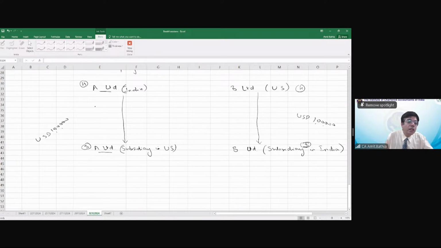Now, let's say for example, today the exchange rate is $1 equal to, say for example, rupees 50 for calculation purpose. So in that case, A Limited has to provide 50 lakh rupees to A Limited subsidiary, because they will essentially buy USD, they will buy dollar by selling rupees, and they will provide that to their A Limited subsidiary in US.